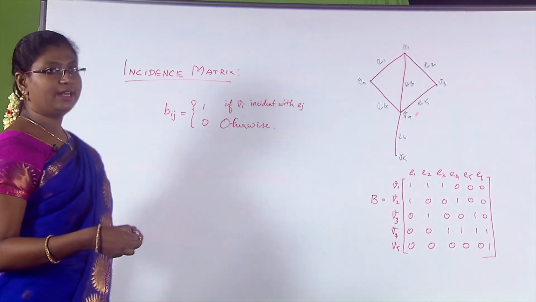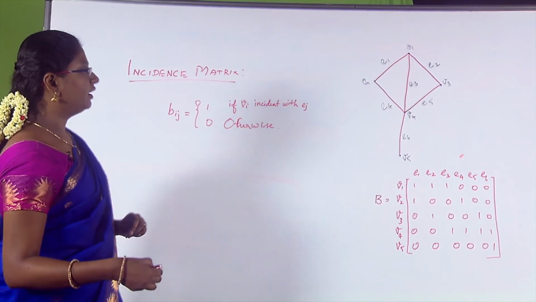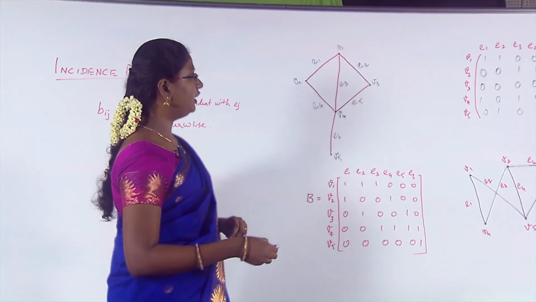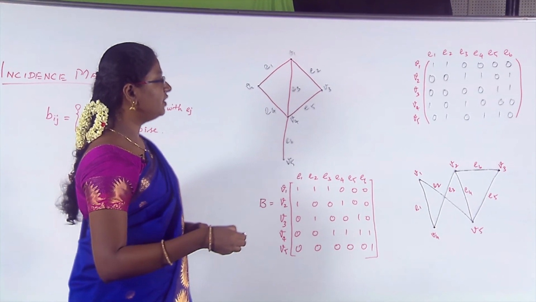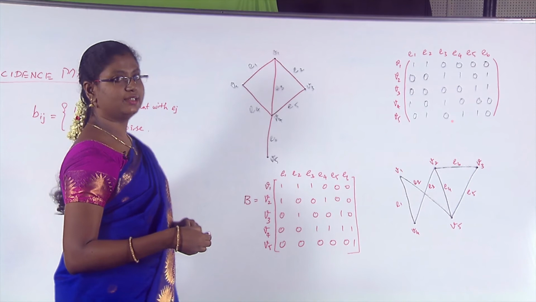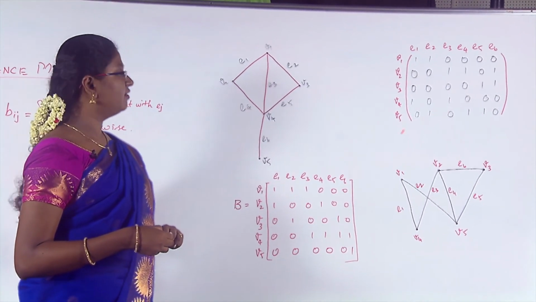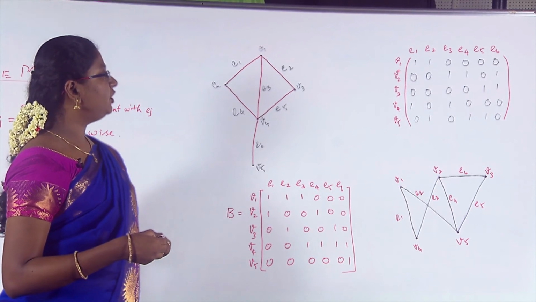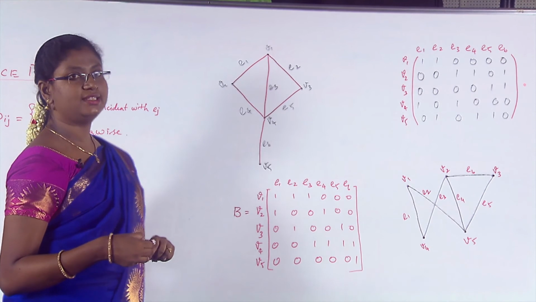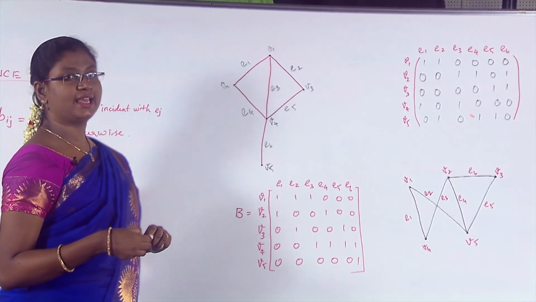So here we represented the graph via an incidence matrix, and in the next example we are going to find the graph associated with this incidence matrix. Here this is the incidence matrix, the order of the incidence matrix is 5 by 6, and we know that the rows correspond to the vertices and the columns correspond to the edges, which means that we have 5 vertices and 6 edges.